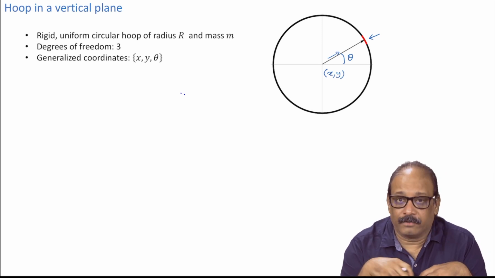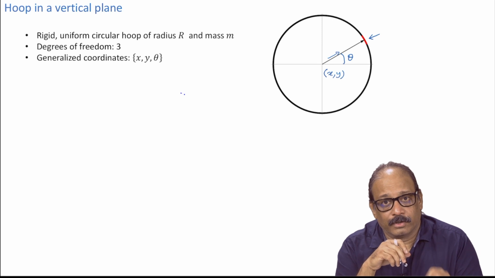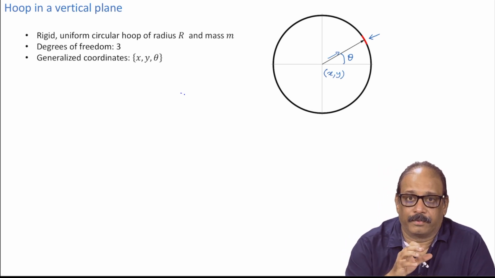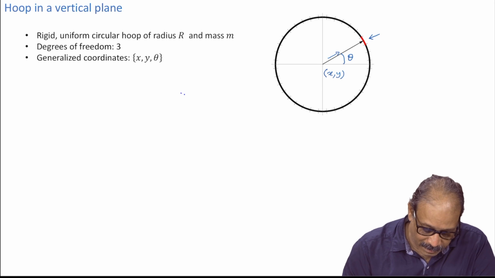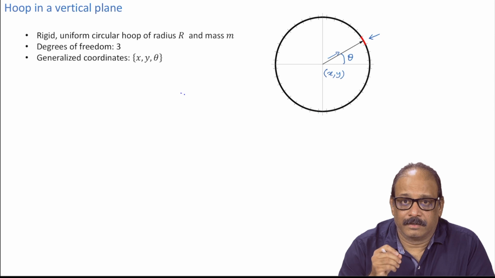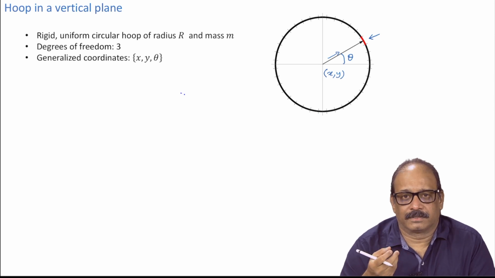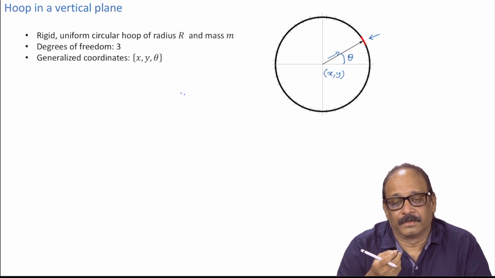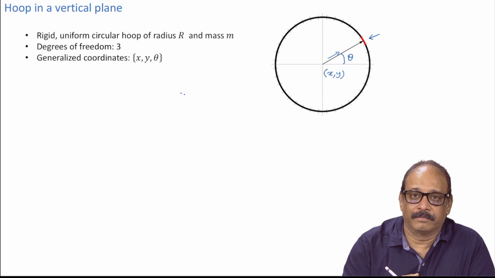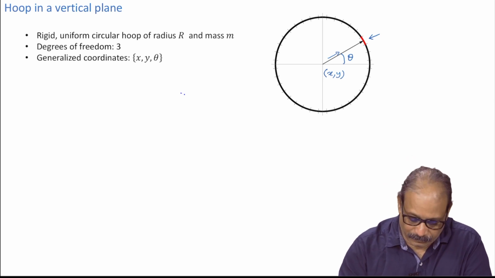Now, for the calculation purpose, I am also going to again think of this hoop as made up of several small segments. There are a large number of small segments, and of course, we will think of this as a continuous system if the number of segments becomes very large or tends to infinity.